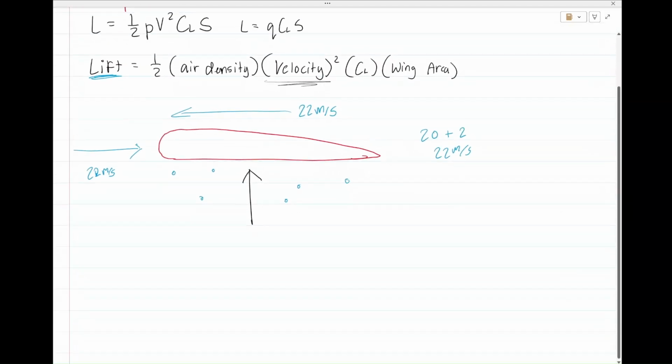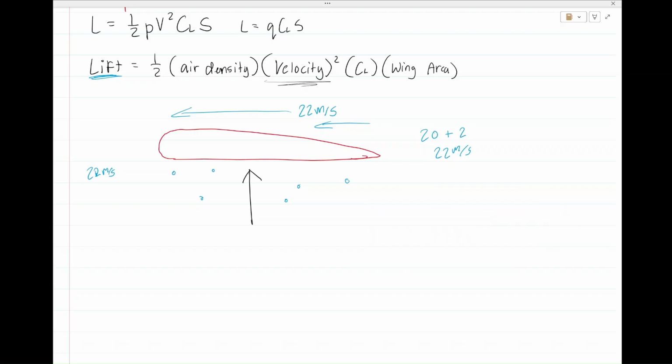I'm pointing this out because there was an ADC test flight yesterday, and some people were asking, why are we throwing it into the headwind? If we were to throw it away from the headwind, the wind would be rushing back this way. Let's say we throw it at 10 meters per second, and the wind is 5 meters per second. Well, we would probably have to subtract these, and it would give us 5 meters per second of total airspeed. If we threw it into the headwind, that would be 15 meters per second, and that's more lift overall.